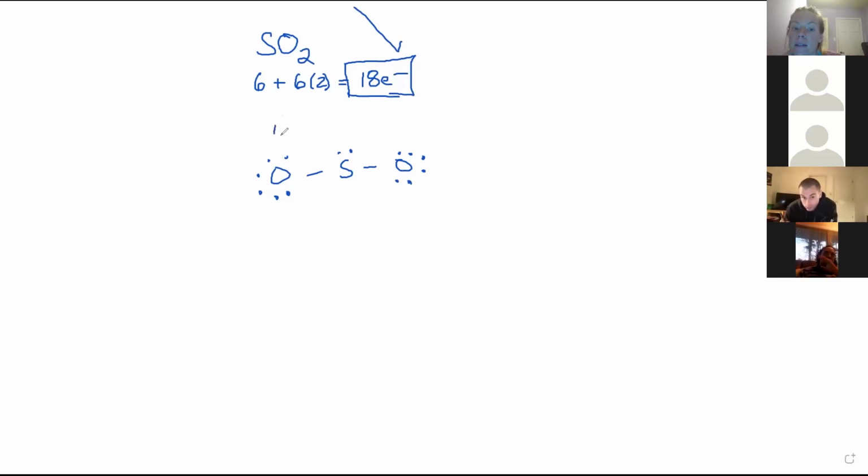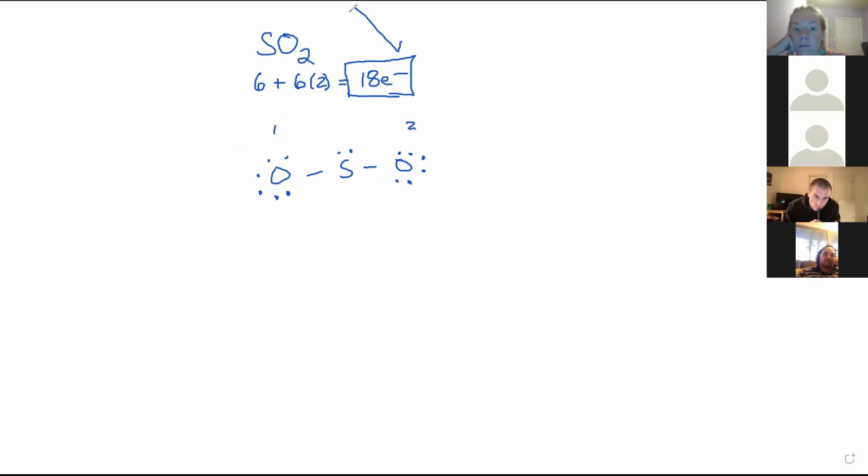If we classify this as oxygen 1 and this oxygen 2, which oxygen shares? They both can't share at the same time. Like if I said, okay, we'll make a double bond on each of them, that doesn't work. Why? Because sulfur has access to 2, 4, 6, 8, 10. Too many electrons. So just one of the oxygens is going to share some electrons.